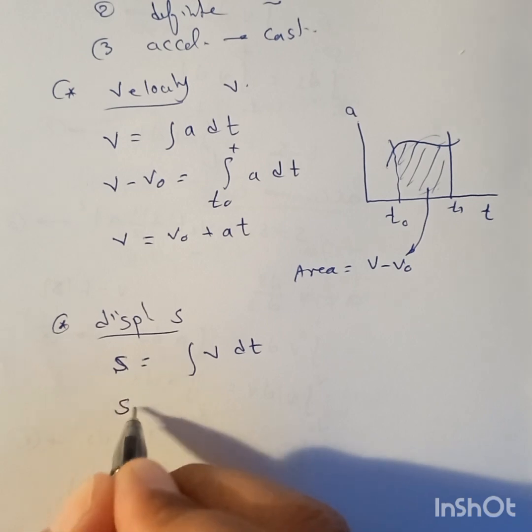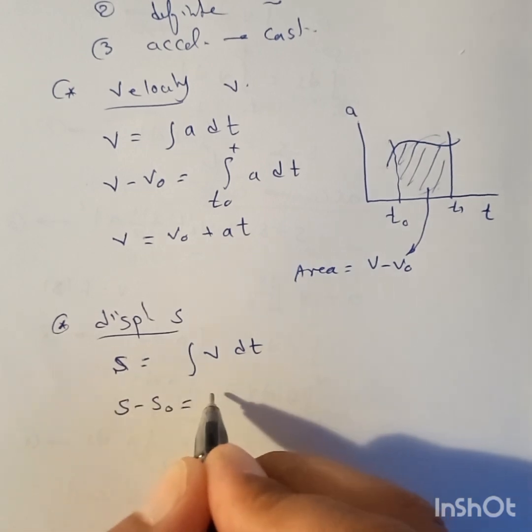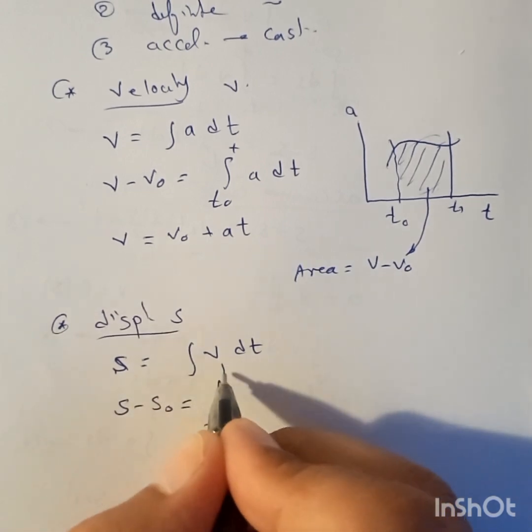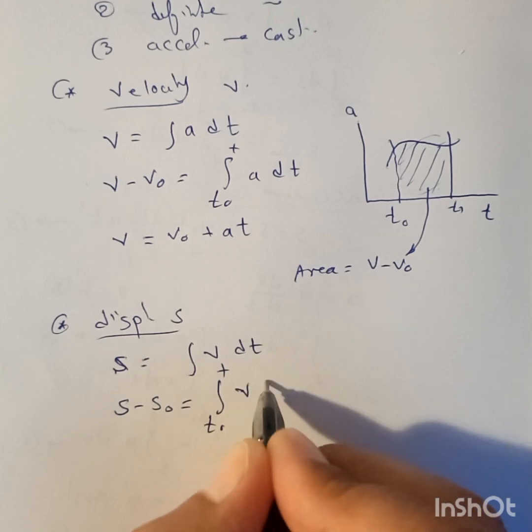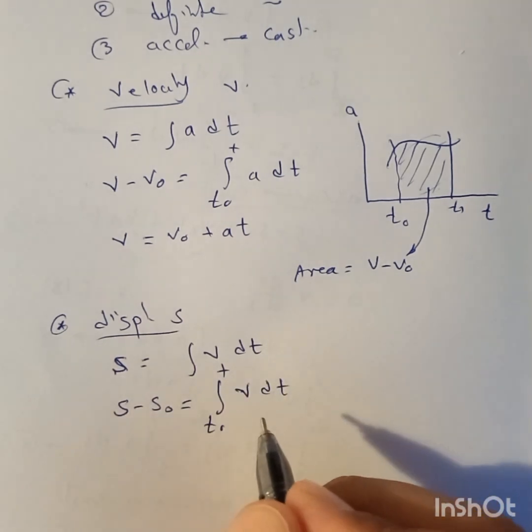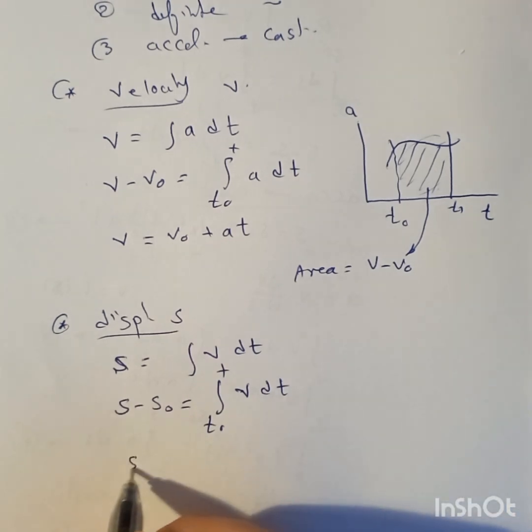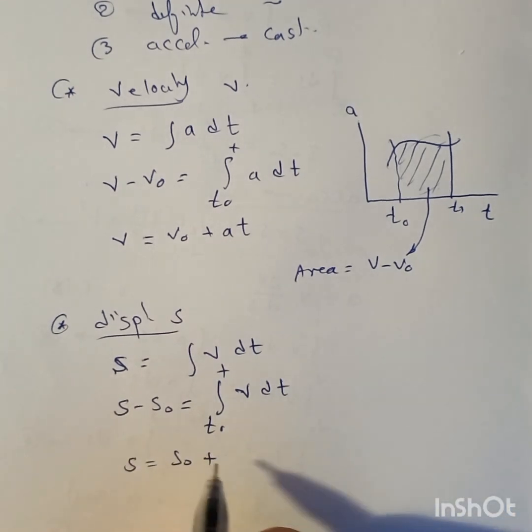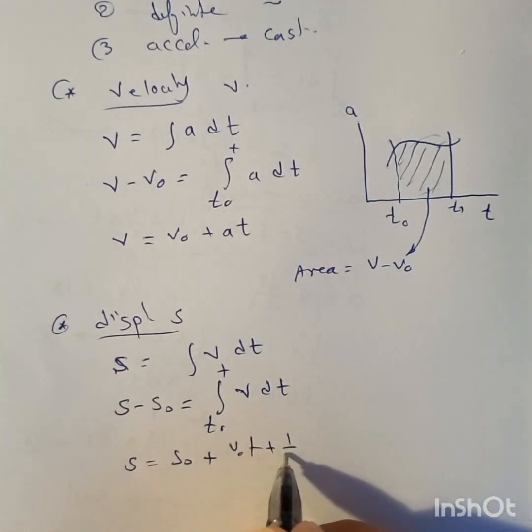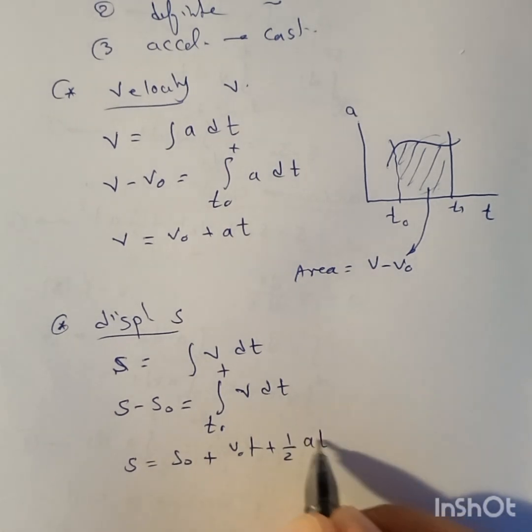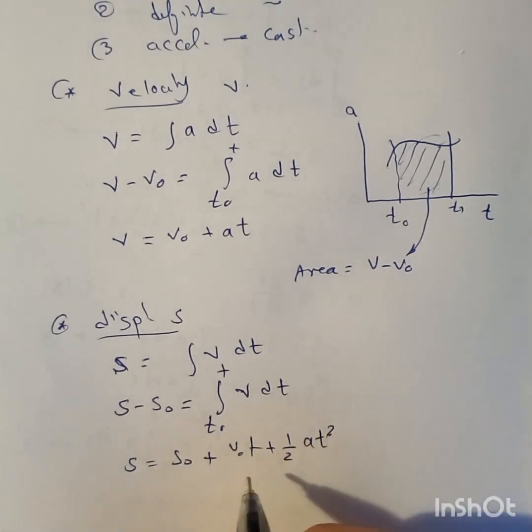And we have s minus s naught equals the integral from t naught to t of v dt when we are using definite integration. If acceleration is constant, then we have s equals s naught plus v naught t plus half a t squared. This is the third relation.